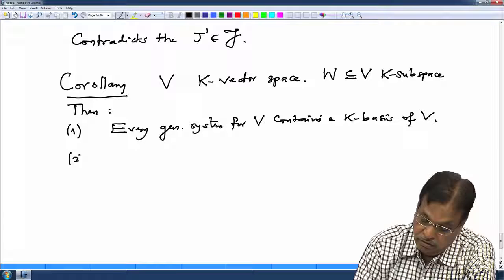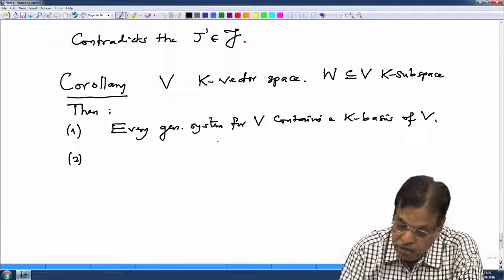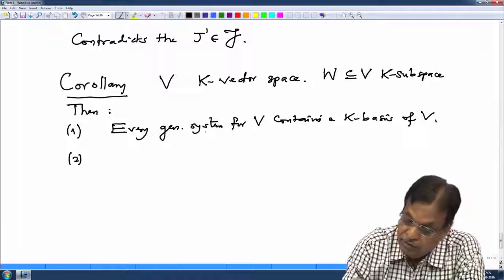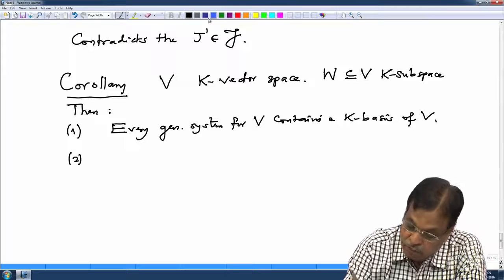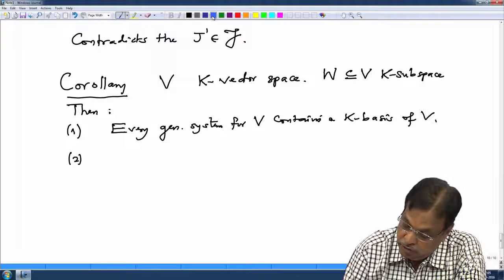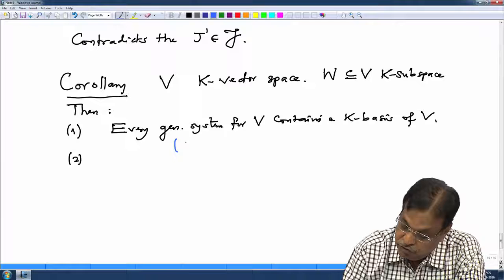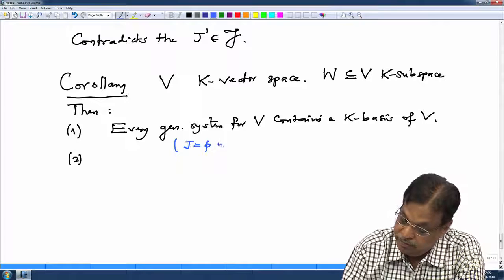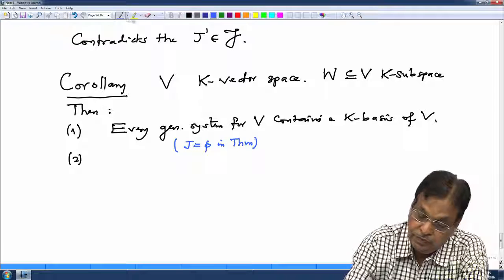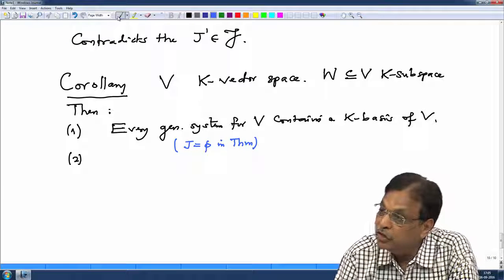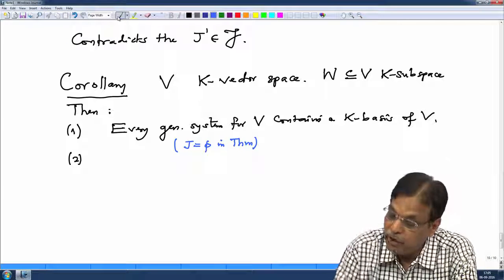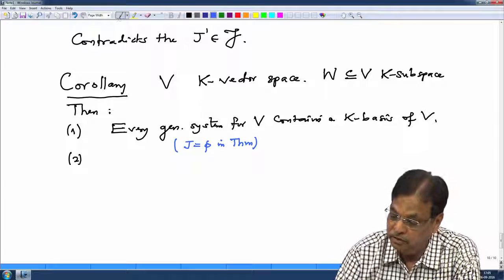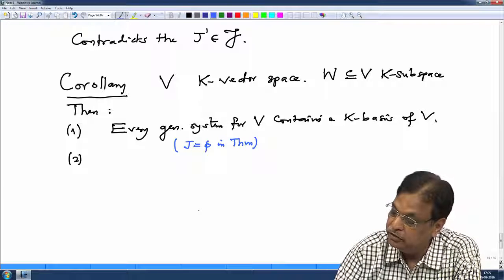Okay, so second, this I will write here. This is a special case. I will write it with the blue in the bracket here. This is a case where J is the empty set in the theorem. Because the empty set is linearly independent and you make it maximal by the theorem, such a thing exists, and that is a basis.